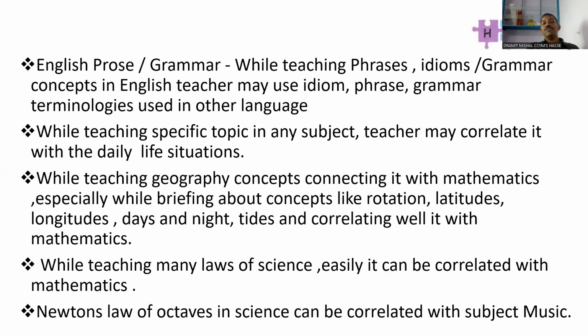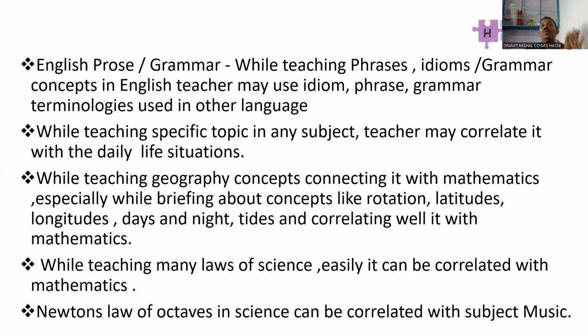More examples to give. These were some external correlation examples, but here are some internal correlation examples. Suppose the teacher is talking about idioms in grammar, in a language subject. The teacher can connect with other languages as well, with idioms and phrases, because idioms and phrases are used in different languages.